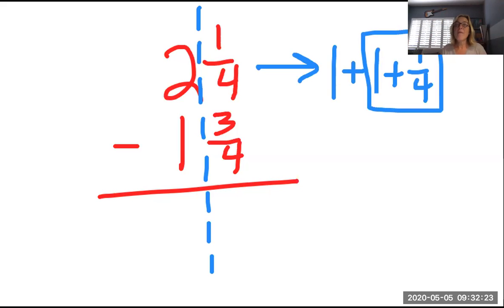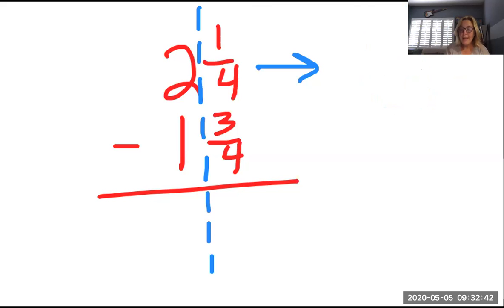So 1 1/4 in fraction form is 5/4. So let's think that through. 1 is the same as 4/4. And if we take 1/4 plus the 4/4, that gives us 5/4. So we can then rewrite 2 1/4 as 1 5/4.